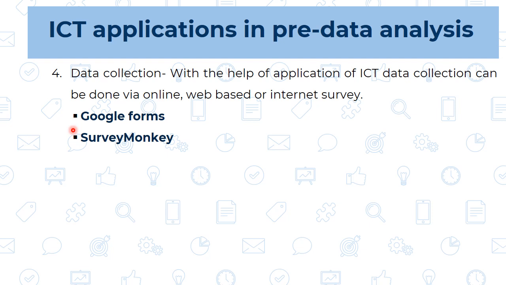That questionnaire is going to be filled on Google Forms or SurveyMonkey, and with the help of that link, all the respondents are going to fill up the information and submit their form, and with the help of that, the researcher is going to get the desired data. So with these two software, we are going to make data collection very easy and very quick. So these are the four steps we have seen in the pre-data analysis.